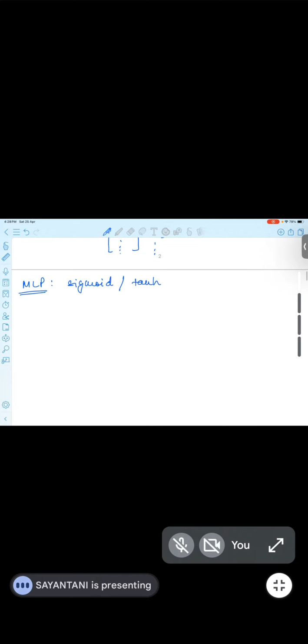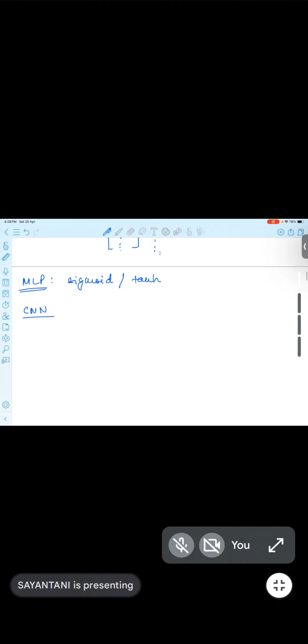Now in CNN, we perform convolution, after that we apply an activation function, then we go for pooling, which can be mean pooling or max pooling, and then we go for the final classification.